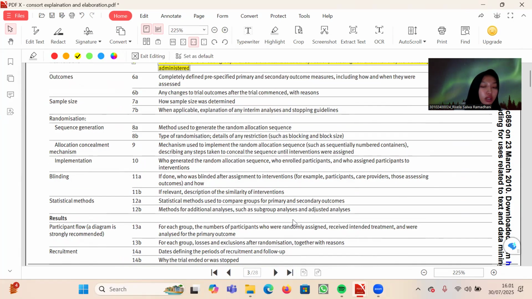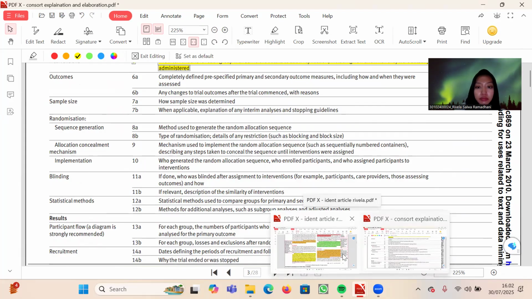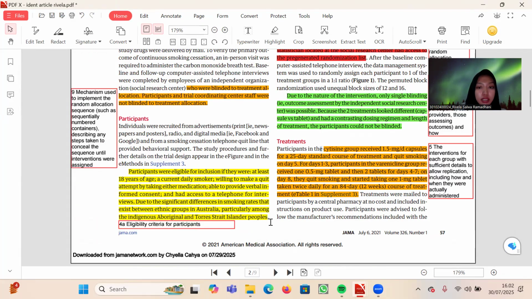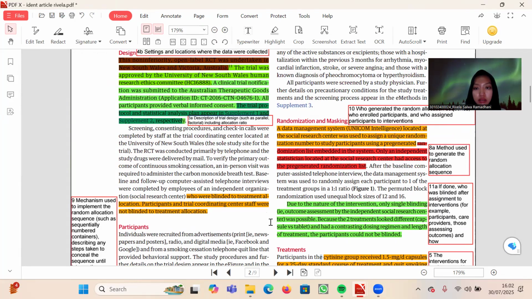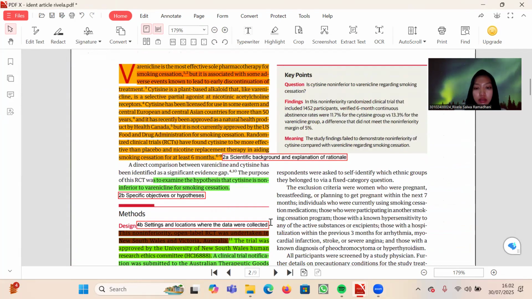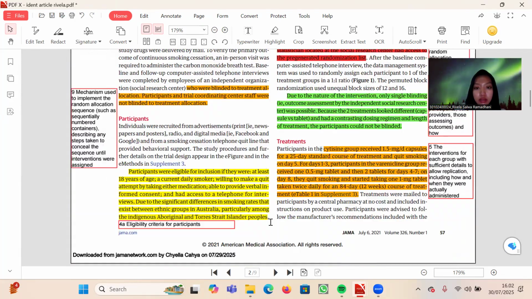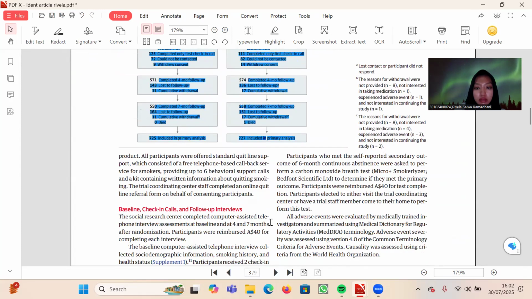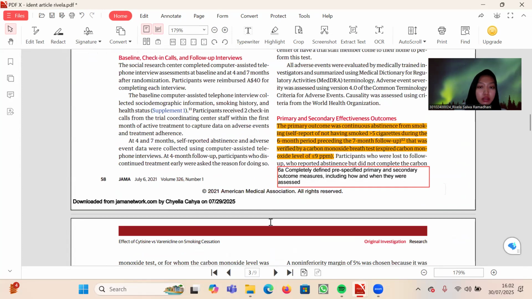Next, 6A, defined outcomes. The primary outcome was biochemically verified 6-month abstinence. Secondary outcomes include self-reported abstinence and cigarette consumption.